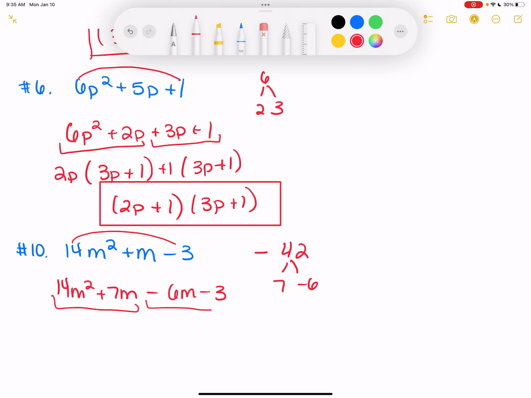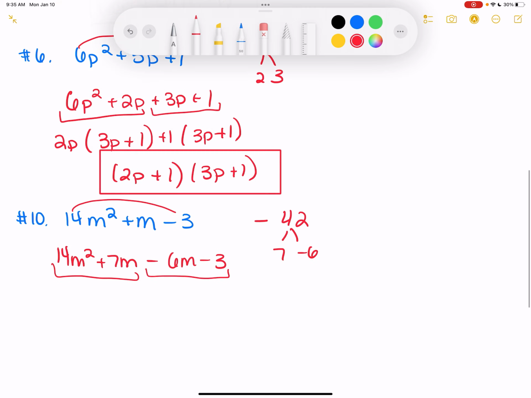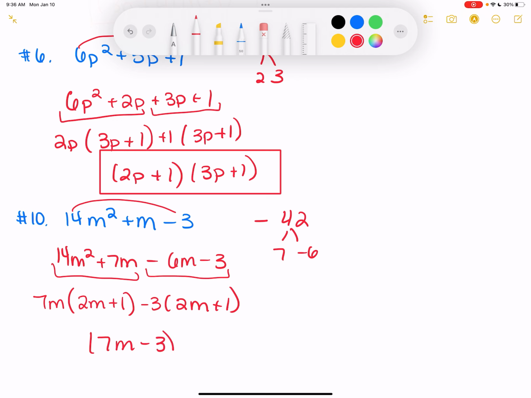So grouping. What can I take out of the first one? 7m, leaving you with 2m plus 1. And then what comes out of the next one? -3, leaving you with 2m plus 1. So 7m minus 3 times 2m plus 1.